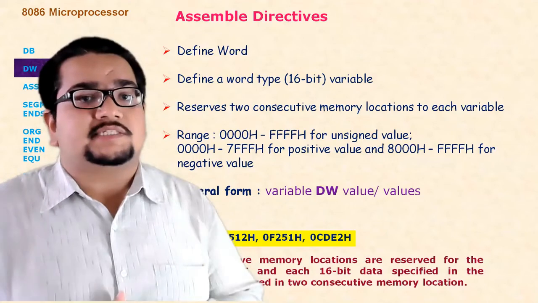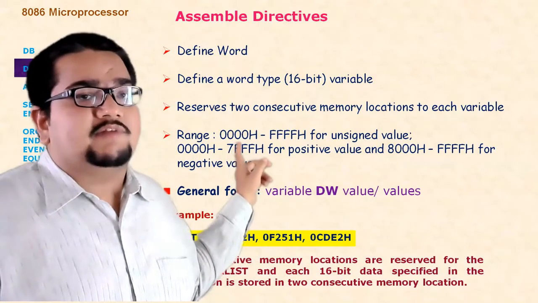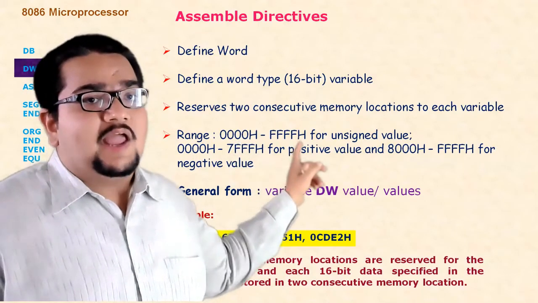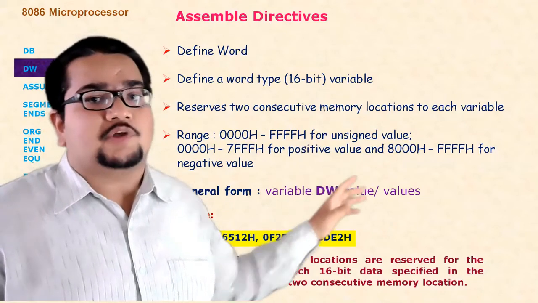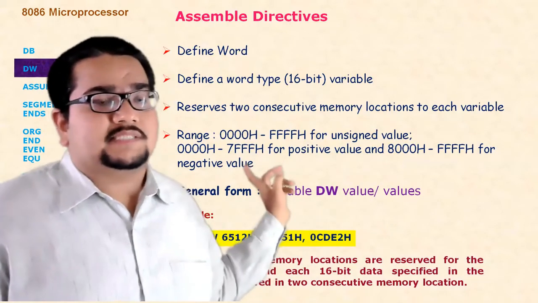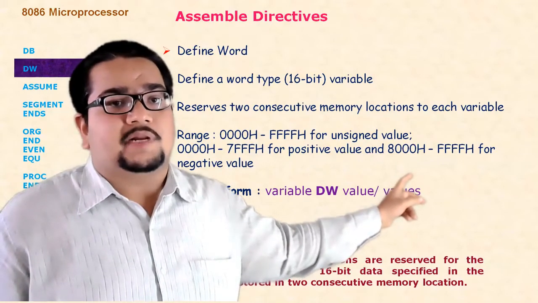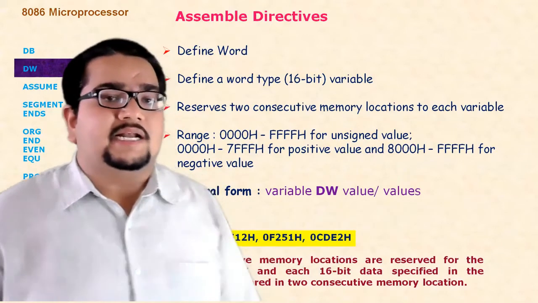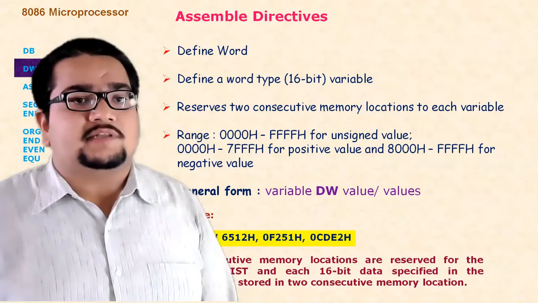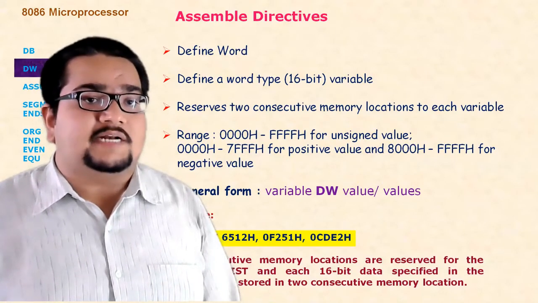So the range for 16-bit numbers will be 0000h till ffffh, and again here the positives will be till 7fffh, and from 8000h onwards, it will be the negative numbers. So that is all for define word, that is DW.